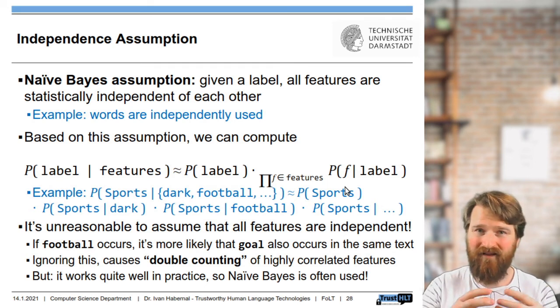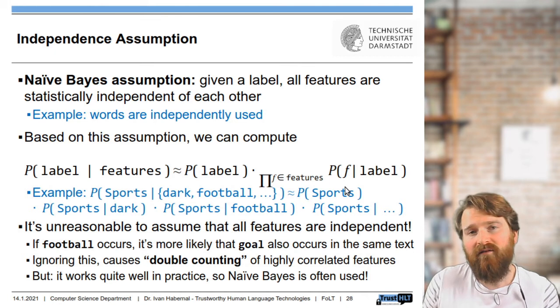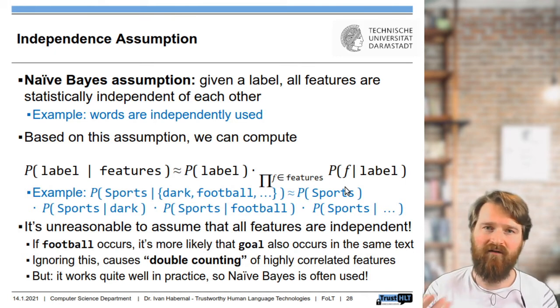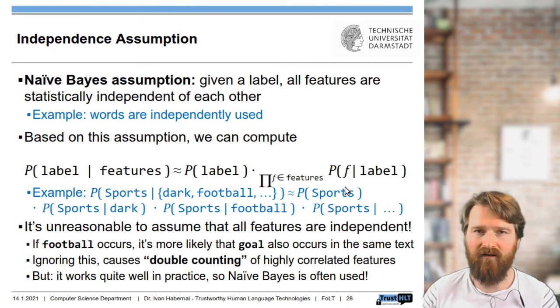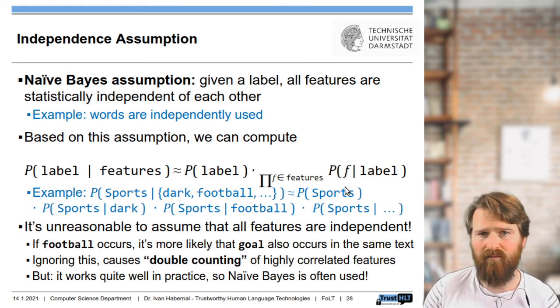They are in sentences, in paragraphs, in coherent discourse. So there are some dependencies between the words, of course. Why should it work? Well, it turns out that assuming independent features is empirically quite good in some cases for document classification. It's just a modeling assumption, and this model is simple but works quite well in practice.